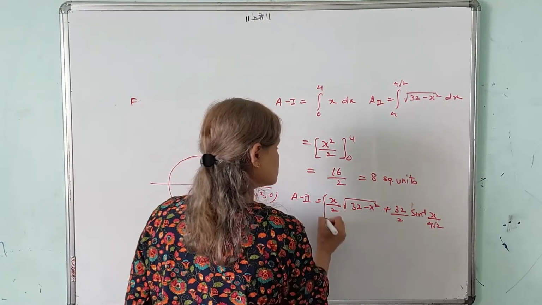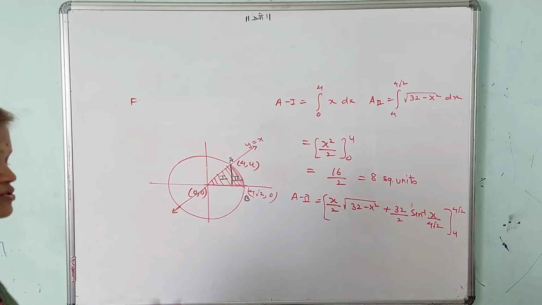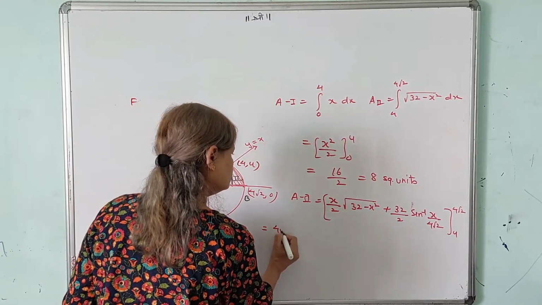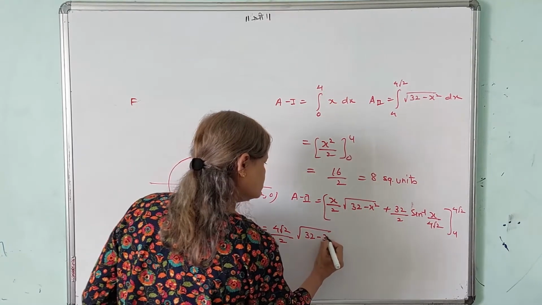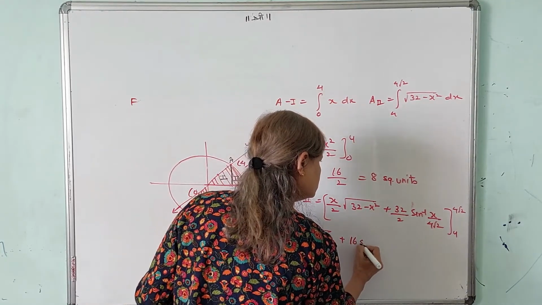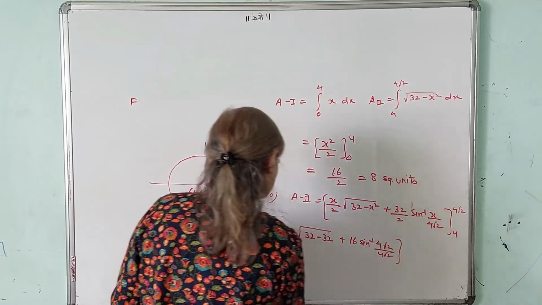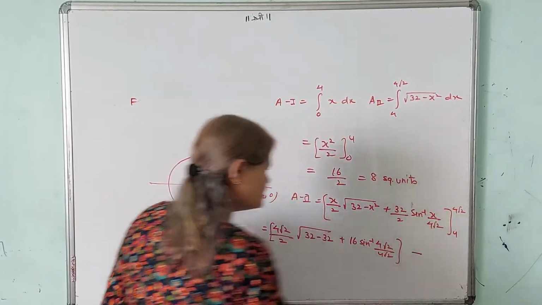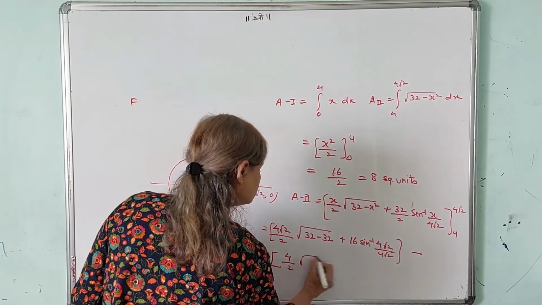From the limits 4 to 4 root 2. So now we substitute upper limit minus lower limit. So I will substitute x as 4 root 2, that is upper limit, minus, now we have to substitute the lower limit, that is 4.